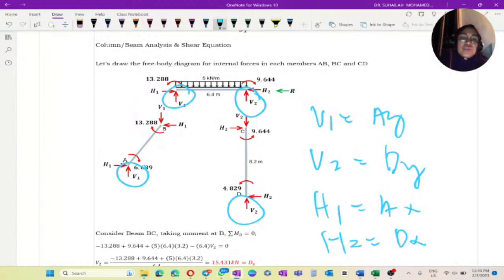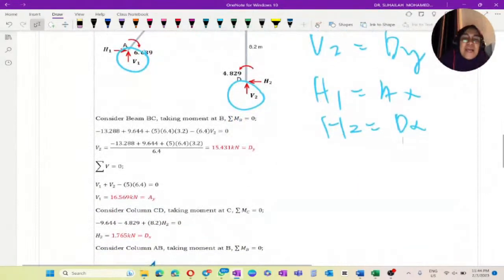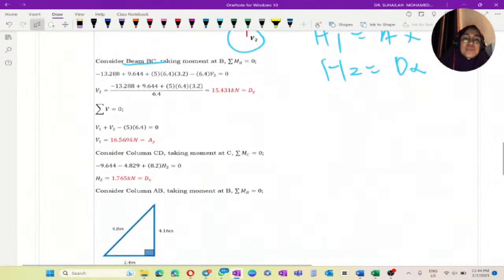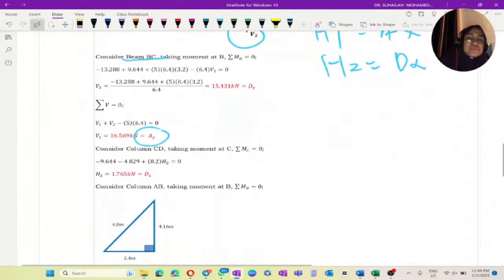Okay, so we will start the analysis by analyzing member BC, beam BC, in order to calculate the DY value as well as the AY value. Once we get the AY value, because what we want is actually the shear equation.